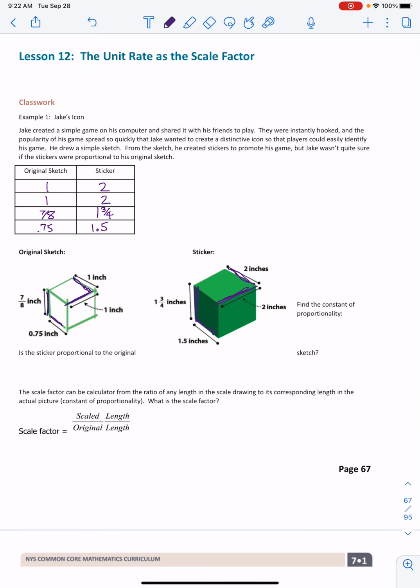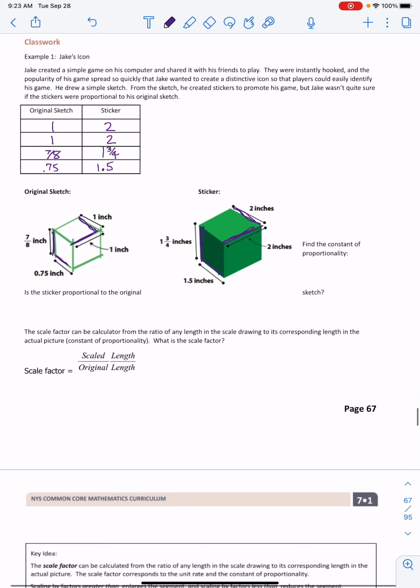So now it says, is the sticker proportional to the original? Well, we have to go by our table. Remember, our original is our x value, our sticker is our y. So y over x.